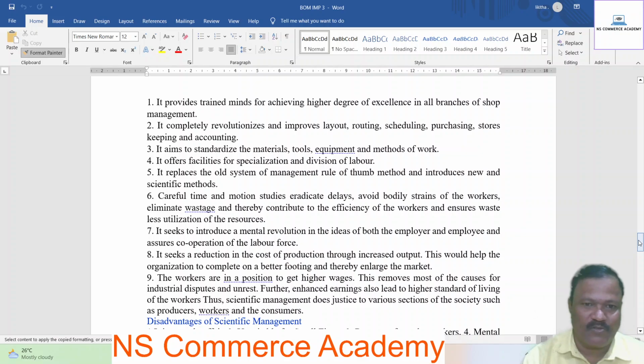It seeks to introduce a mental revolution in the ideas of both the employer and employees and assures cooperation of the labor force. It seeks a reduction in the cost of production through increased output. This would help the organization to compete on a better footing and thereby enlarge the market.